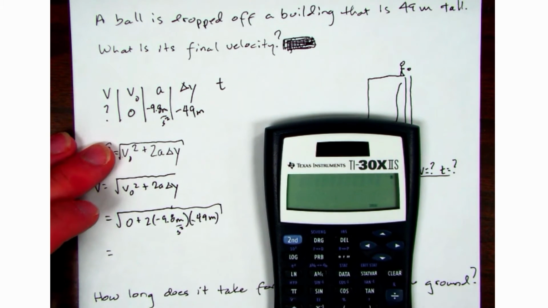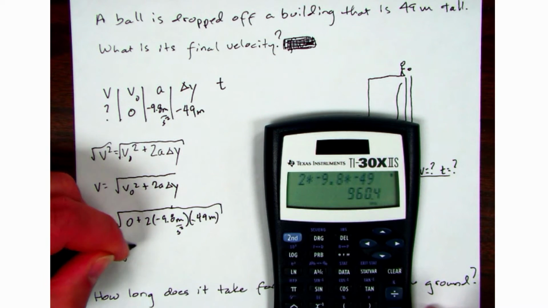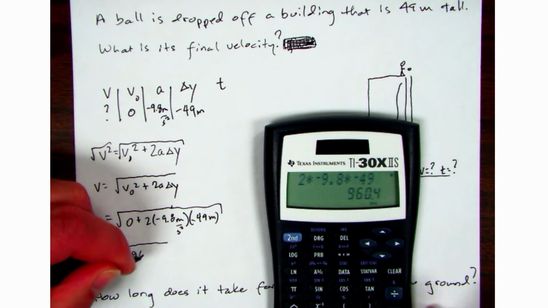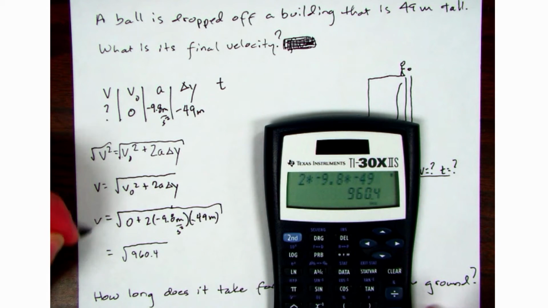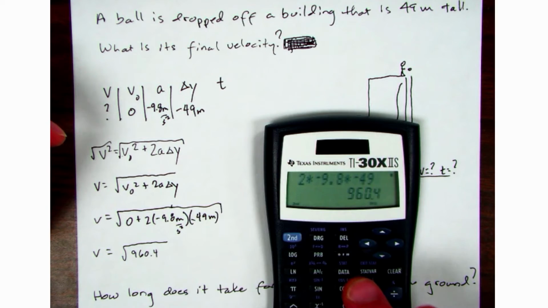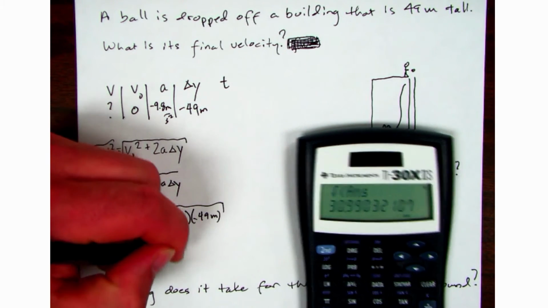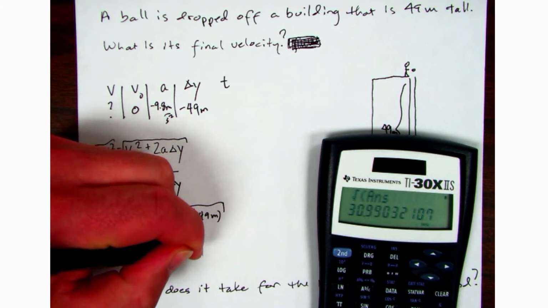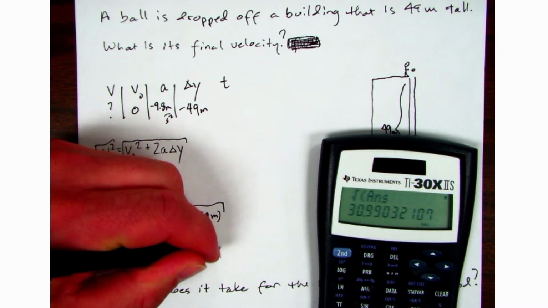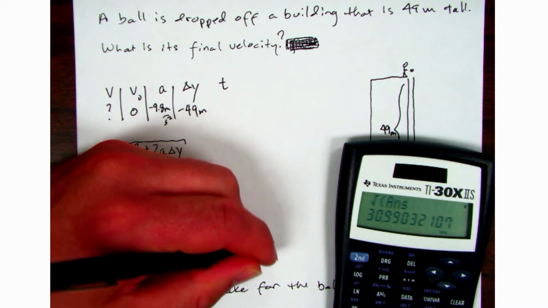So 2 times negative 9.8 times negative 49 equals 960.4, and if I take the square root of that, second square root, second answer, I get 30.99. I'll round that to 31, and that's in meters per second.